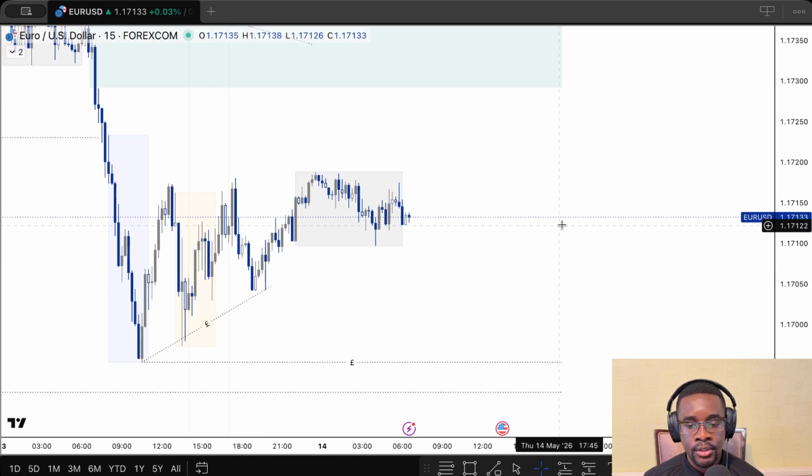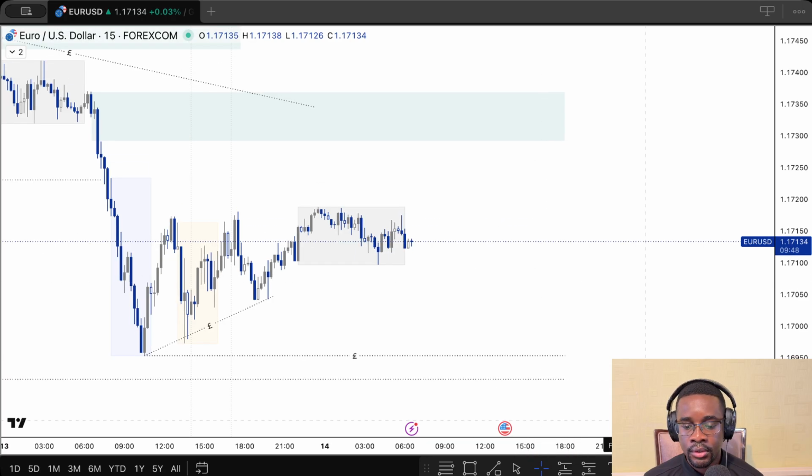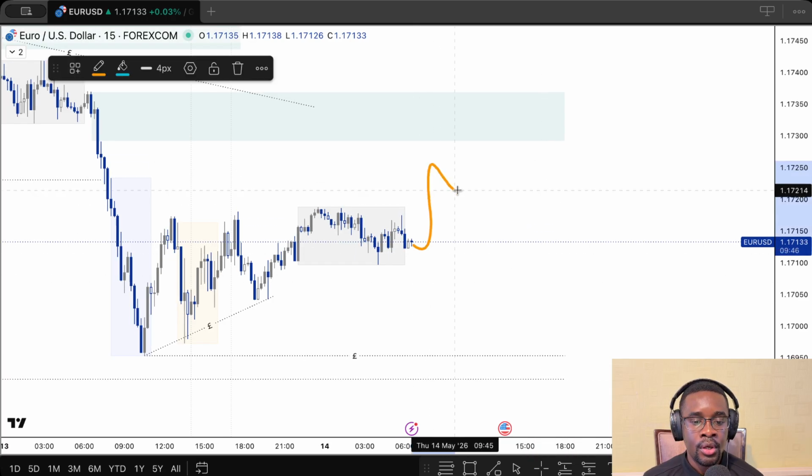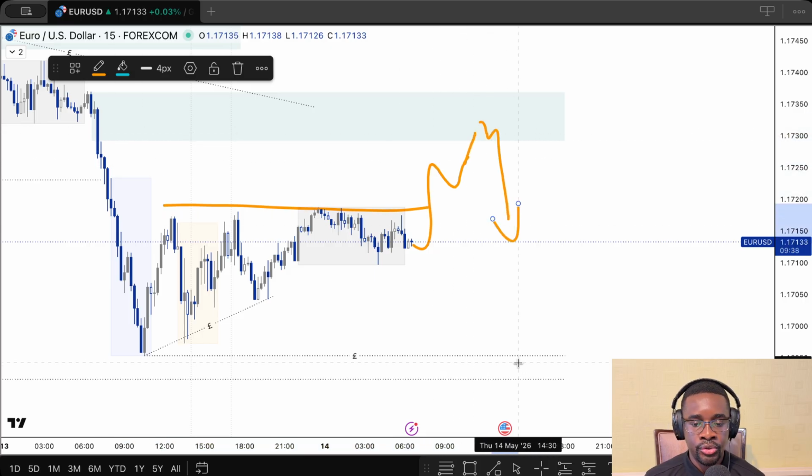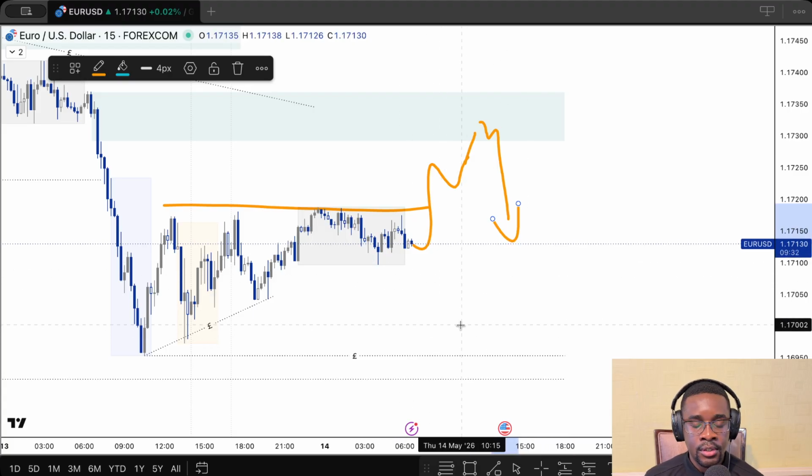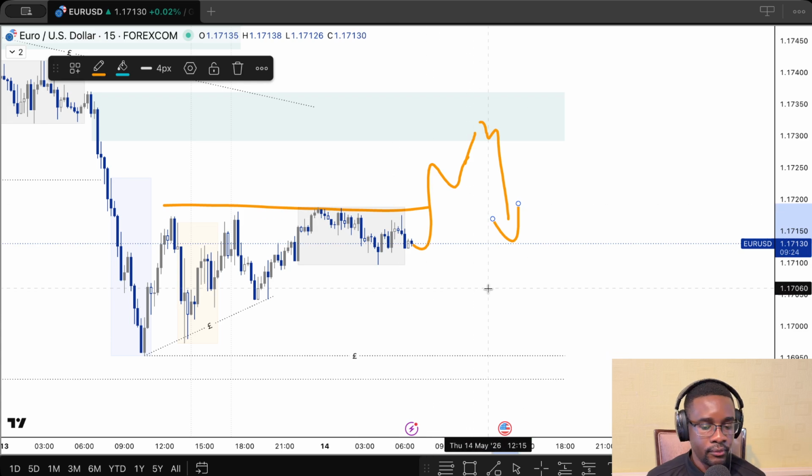But my expectation is that price will continue bearish, so it could come up, sweep these areas, possibly fill this imbalance, and then continue to the downside, where we could then look. Obviously, easy targets would be 321, and anything beyond that is a bonus.